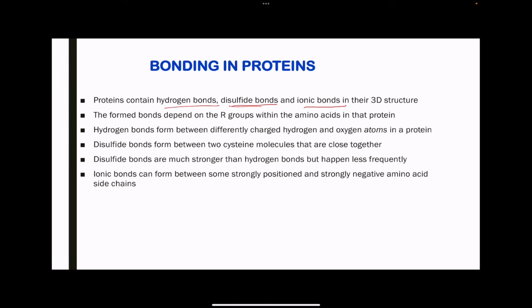Hydrogen bonds will form between differently charged hydrogen and oxygen atoms in a protein. We saw this in the beginning of this video. You can refer back if you want to understand how hydrogen bonds form. Disulfide bonds form between two cysteine molecules that are close together. So disulfide bonds are much stronger than hydrogen bonds, but they happen less frequently. Also, ionic bonds can form between some strongly positive and strongly negative amino acid side chains.